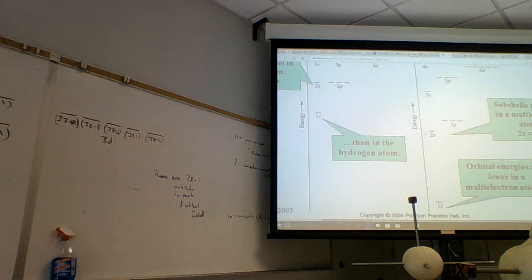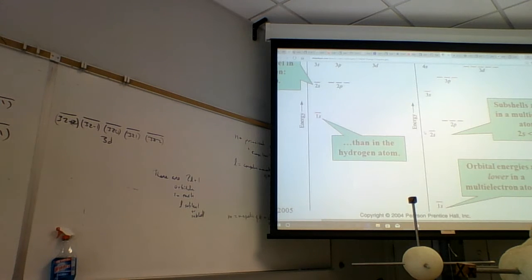For multi-electron atoms, the energy depends on n, as before, and to a lesser degree on L. The shape makes a difference.